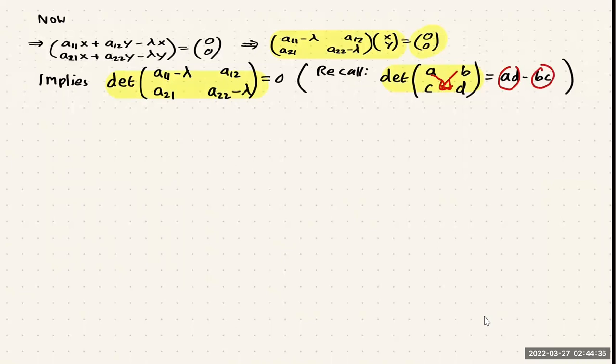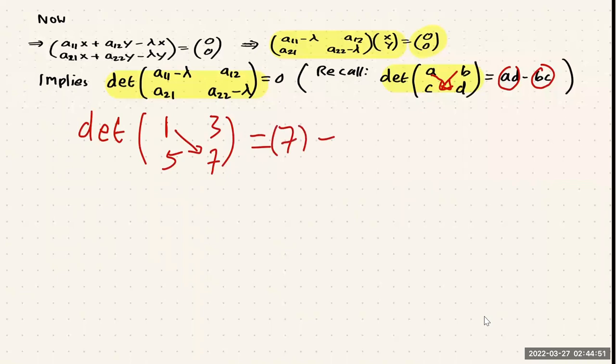As a little example, the determinant of the matrix 1, 3, 5, 7 would be 1 times 7 minus 3 times 5, so 15. That would be minus 8.